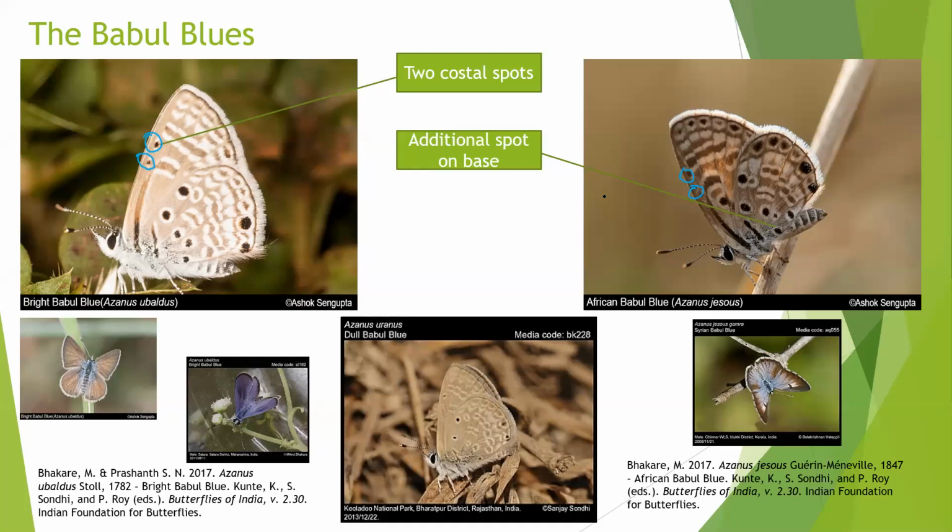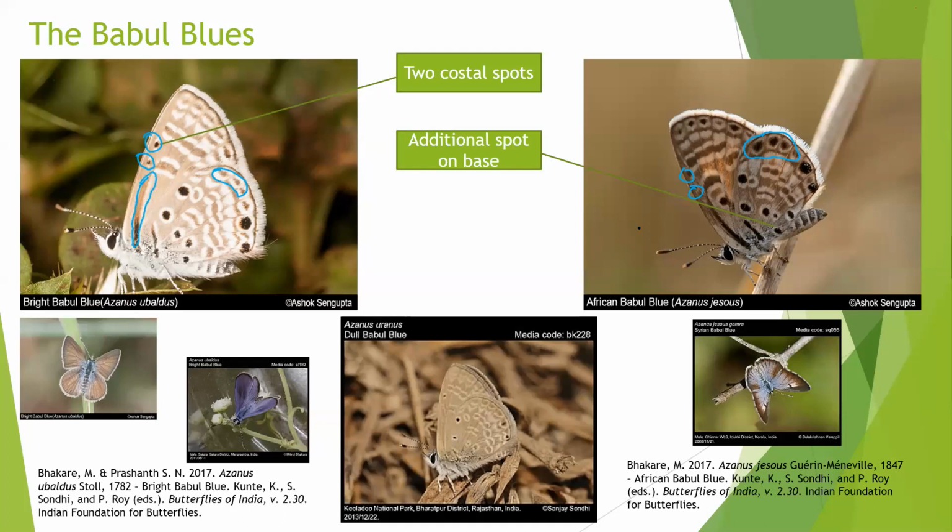And secondly, in the case of the African Babul Blue, you'll find the marginal area is quite prominent with 3 black spots, which is not the case in the bright Babul Blue. You will not find it. Both of these Babul Blues have the posterior outer margin of the cell very bright brown. Can you see? This is bright brown, the outer margin of the cell.